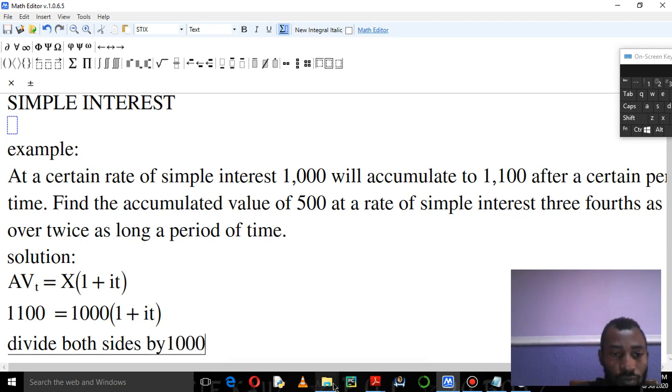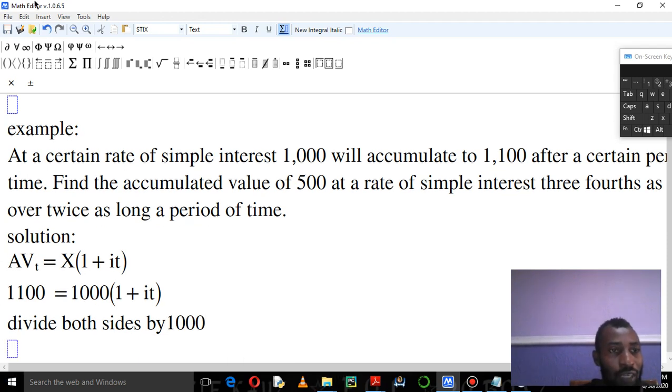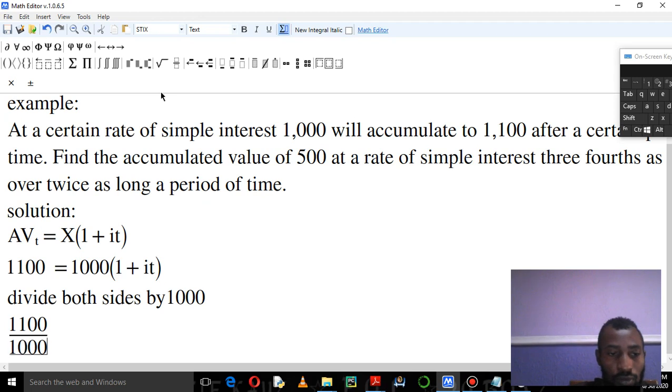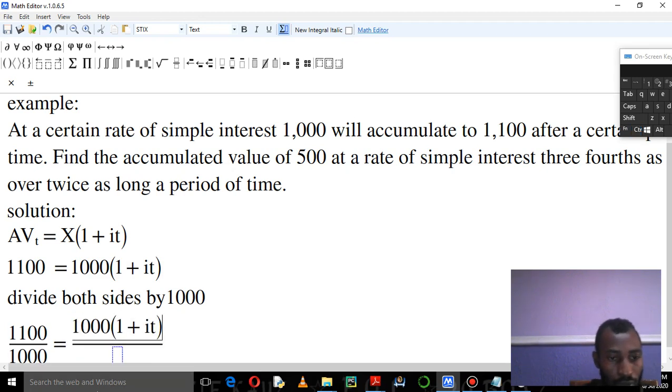So here we will be having 1100 divided by 1000 equals all this divided by 1000 also.